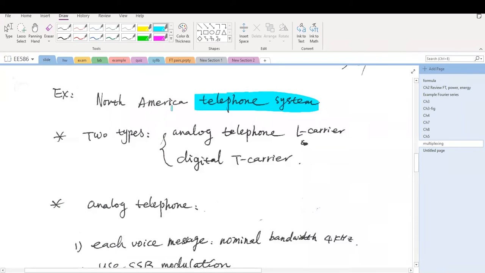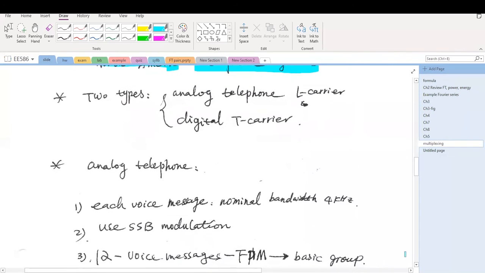Let's look at the conventional telephone system in North America. In early days, the telephone system normally transmitted voice messages. The voice message normally has a few thousand hertz. To be safe, we confine the message to occupy 4 kHz. The spectrum looks like this, from minus 4K to 4K, with 0 at DC.